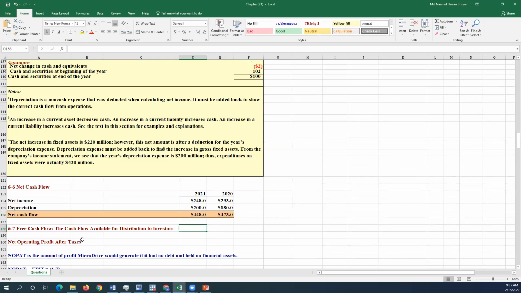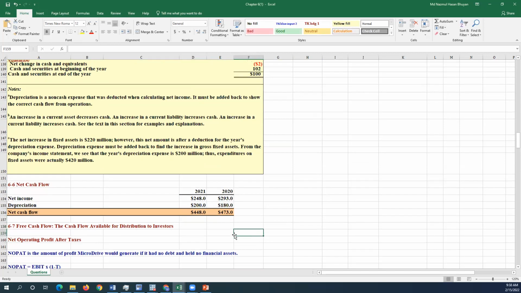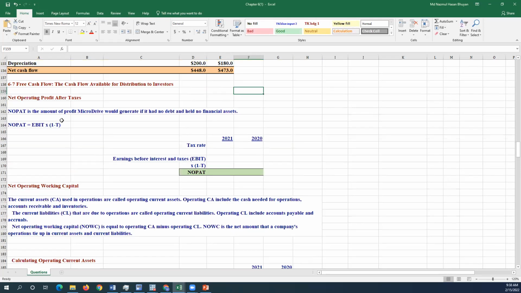So net cash flow in the year 2021 is 448, and the net cash flow in the year 2020 is 473. Okay.